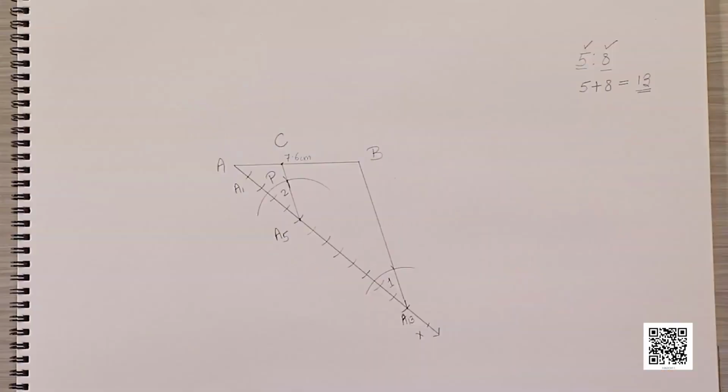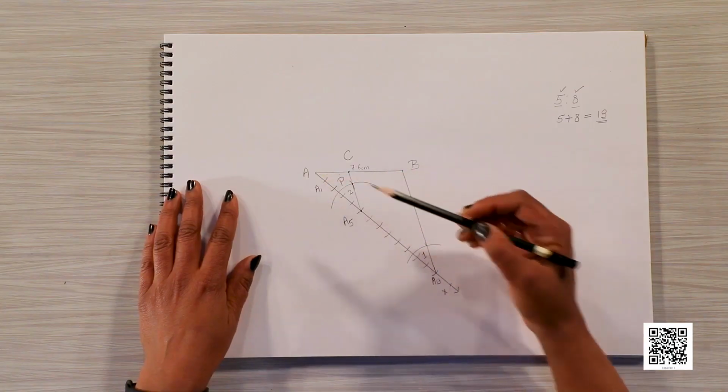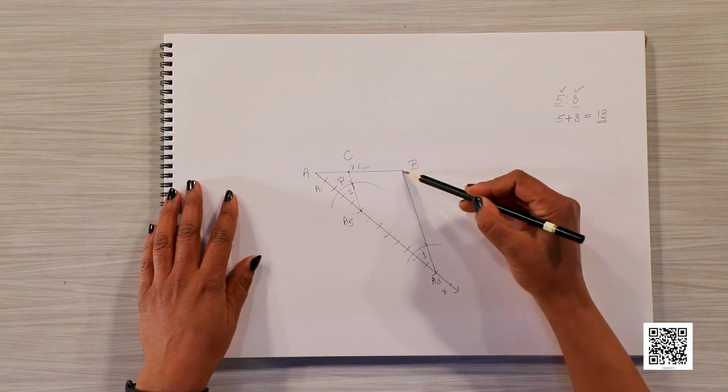We had line segment AB of length 7.6 centimeter on which we have located a point C which is dividing AB in the ratio 5:8. Let us justify how this C point is dividing AB in the ratio 5:8. For that, let us consider triangle A13B.